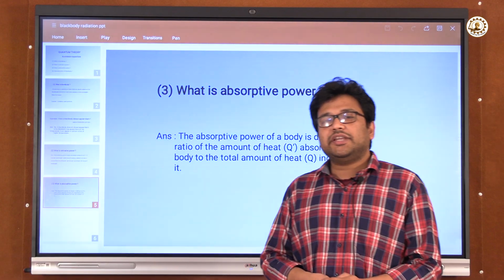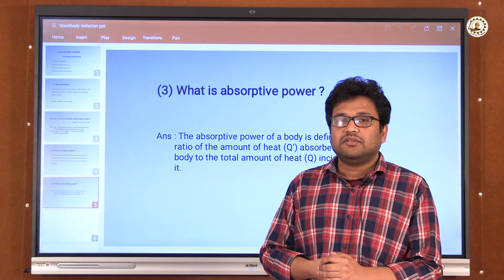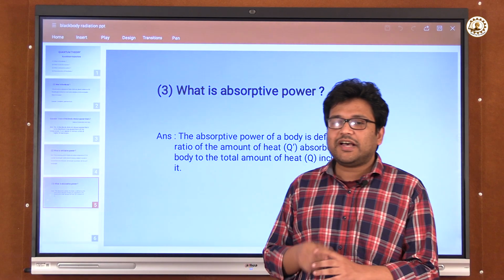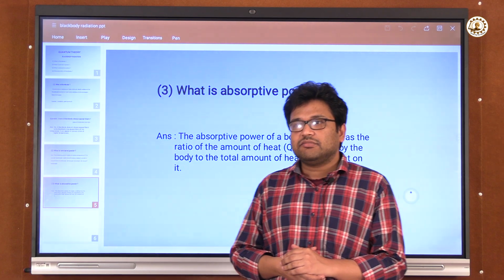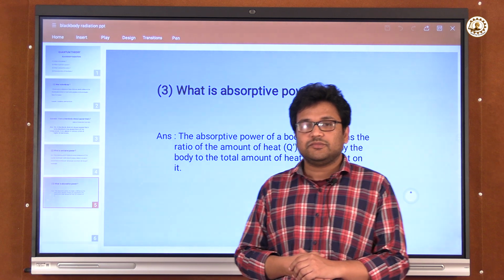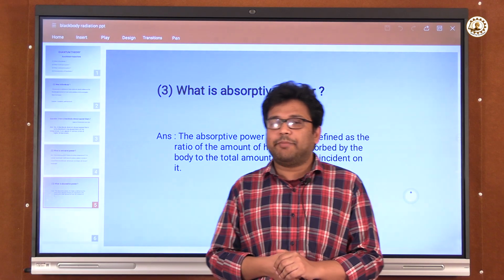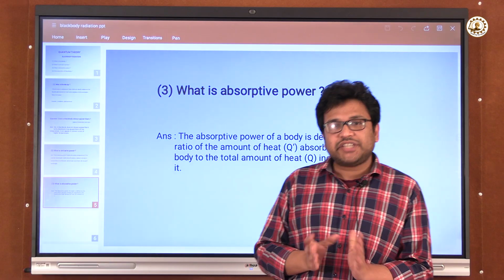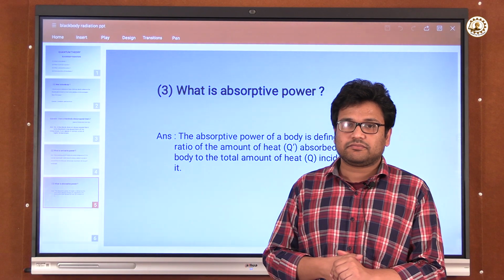Now the next question is, what are the characteristics of black body radiation? The first characteristic is that the energy density, that is the energy emitted per unit area per second from a black body, solely depends upon the temperature and not on the shape or size or nature of the black body enclosure.